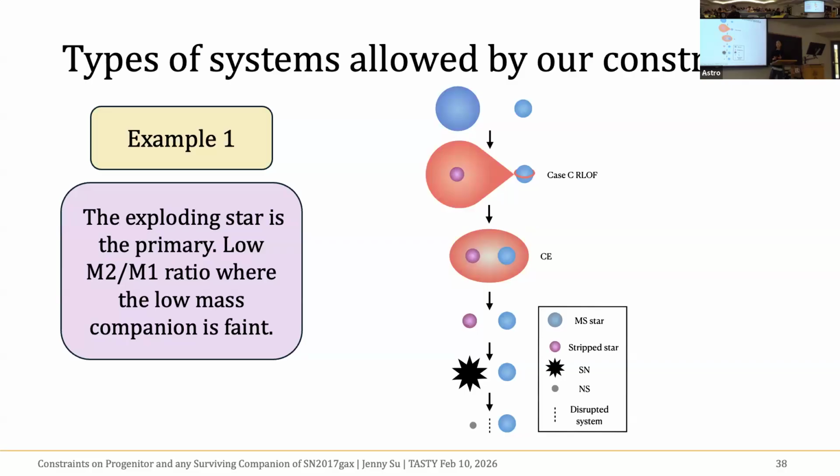Then a common envelope forms, and then the common envelope is ejected. In this process, the mass transfer is really inefficient. Then the primary star becomes a stripped star before exploding into a stripped-envelope supernova that we could observe.